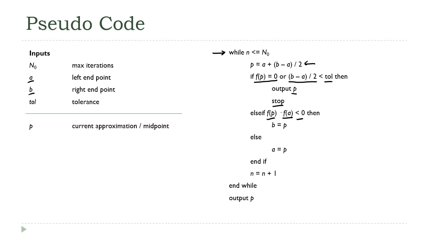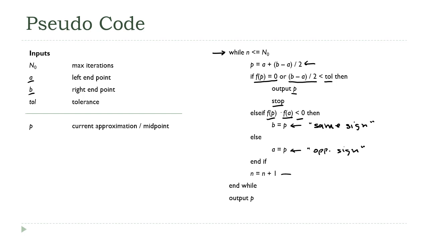Okay, so this is, we'll call this the same sign scenario. So if A and P are both giving me negative function values, then my midpoint replaces the right endpoint, B. Otherwise, this is the opposite sign option, and that midpoint replaces the left-hand endpoint.